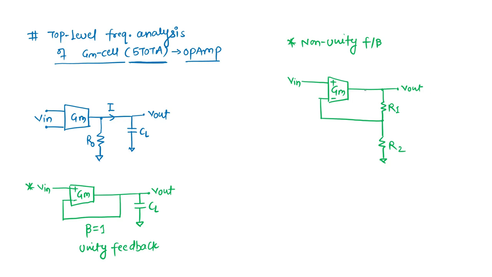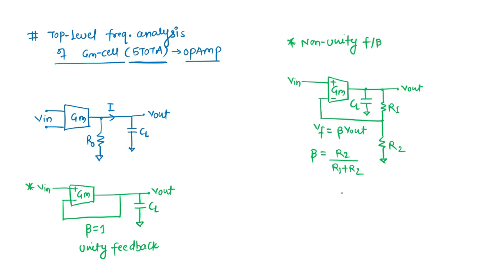Apart from it, here is a CL where I want to integrate this current that is generated. The feedback is nothing but beta times V out. So what is the beta here? The feedback factor is R2 by R1 plus R2. So this is the non-unity feedback system.